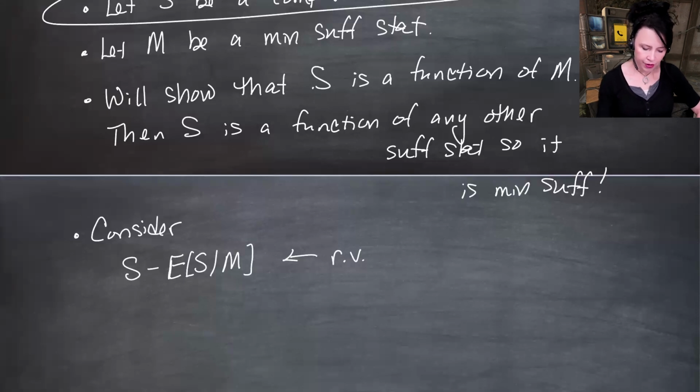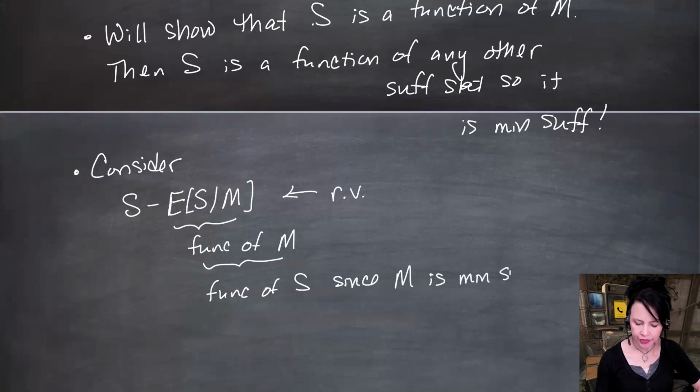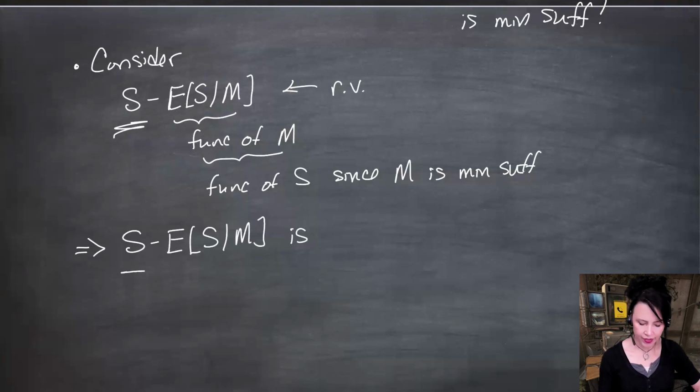And over here, as I just said, this is a function of M, but M is minimally sufficient. So this is therefore a function of S, since M is minimally sufficient. This is a function of S. So this entire thing is a function of S if you look at it in the right way. At first glance, it looks like it's a function of S and M, but M is a function of S.